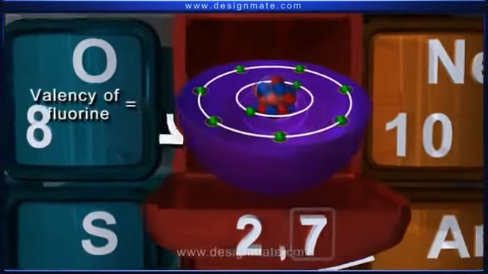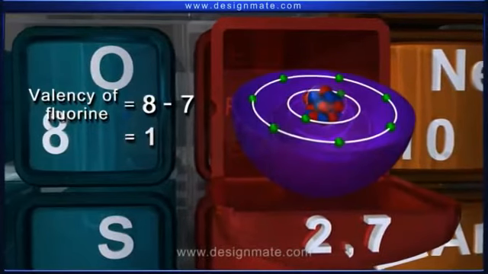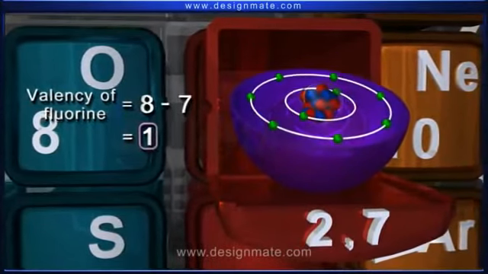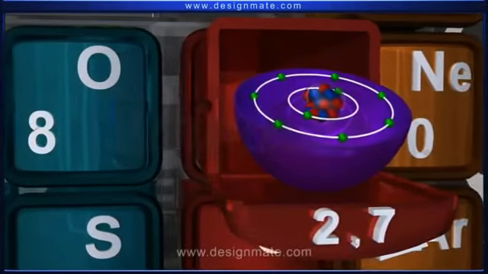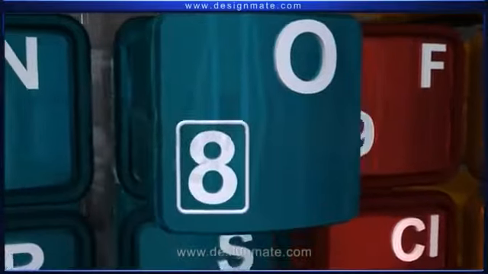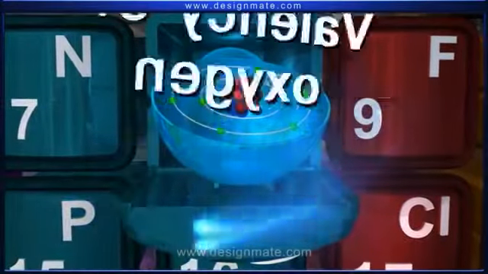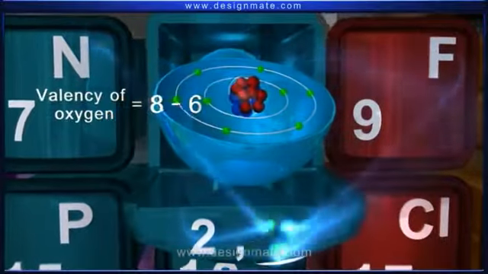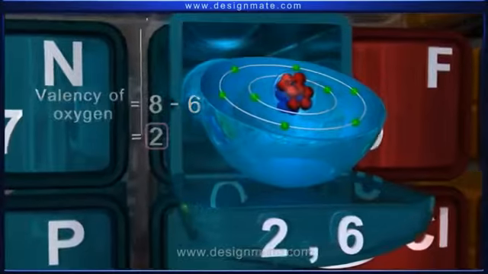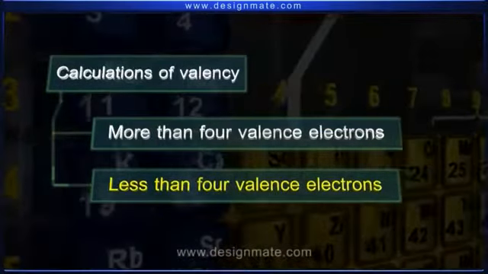In order to calculate its valency, the number of valence electrons are subtracted from 8. Hence, the valency of fluorine is 1. For an oxygen atom with an atomic number 8 and an electronic configuration of 2, 6, its valency is given by 8 minus 6. That is 2.